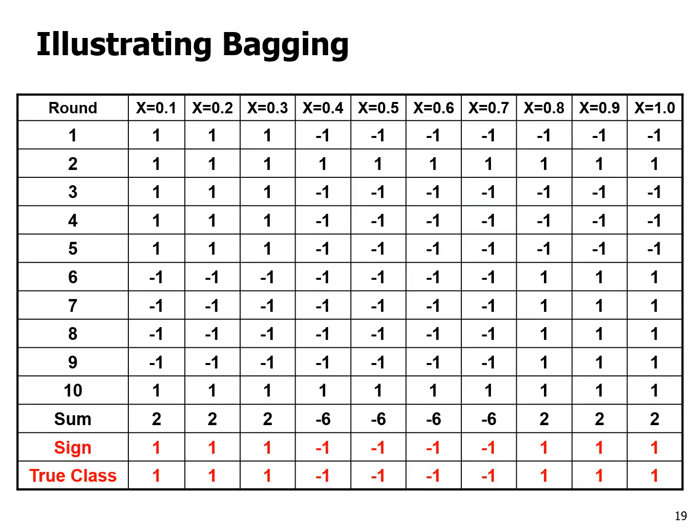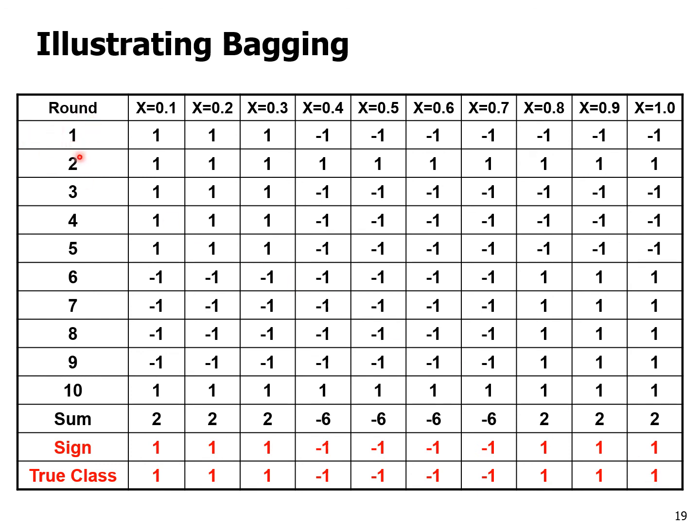This shows the final result of applying the bagging method. Originally we have 10 data points, from x equals 0.1 to x equals 1.0, and this row is their corresponding true class value.